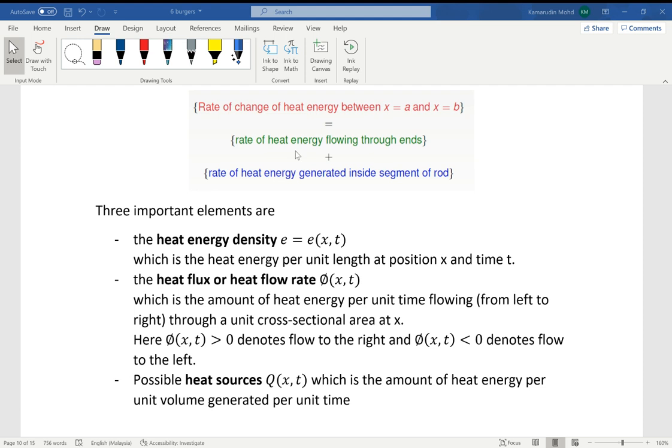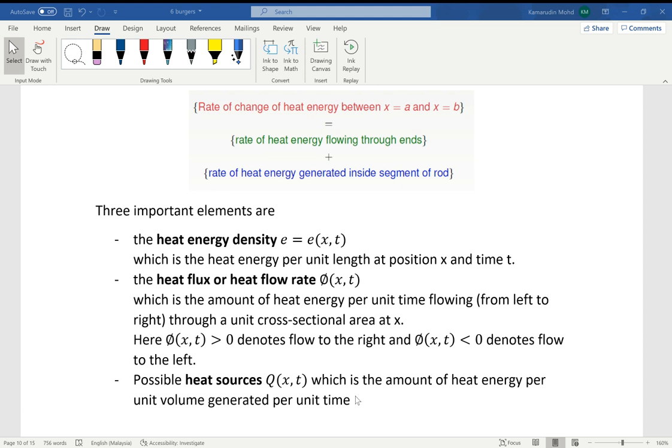The second element is the flux, heat flux or heat flow rate, given as phi at point x, t. This is the amount of heat energy per unit time flowing from left to right through a unit cross-sectional area at x. So if we have positive phi, it denotes flow to the right. If we have negative phi, it denotes flow to the left.